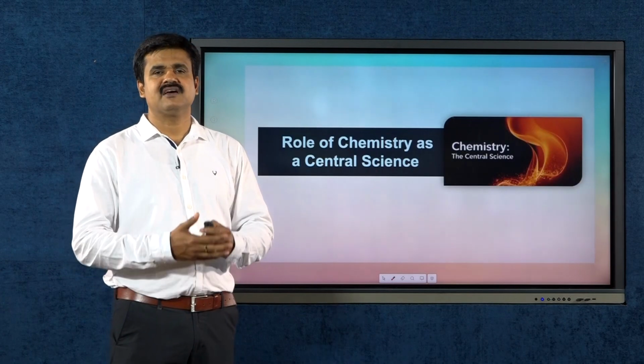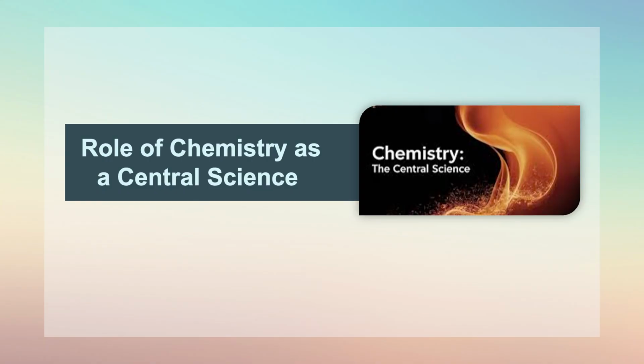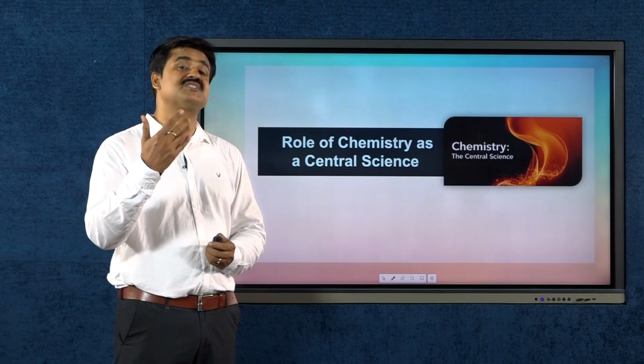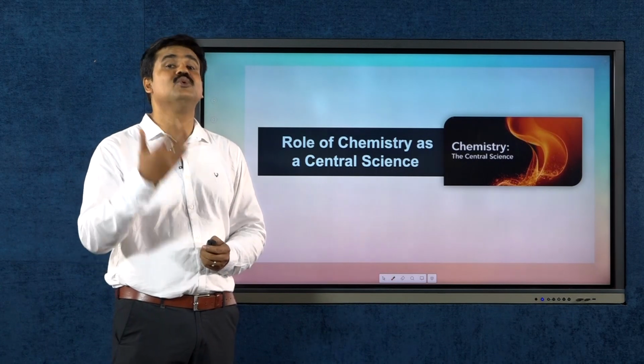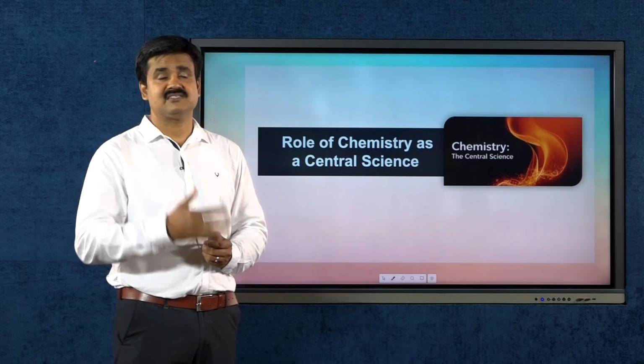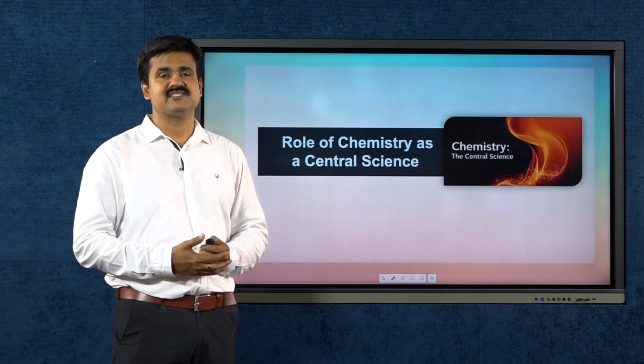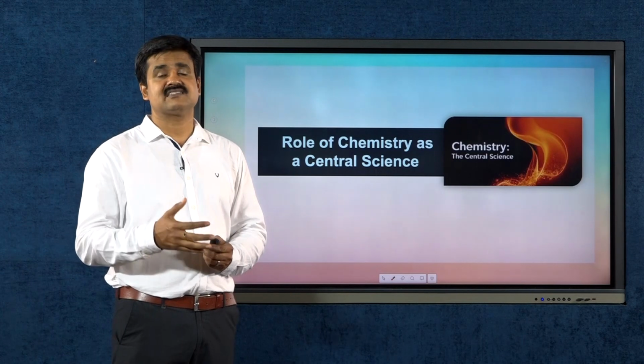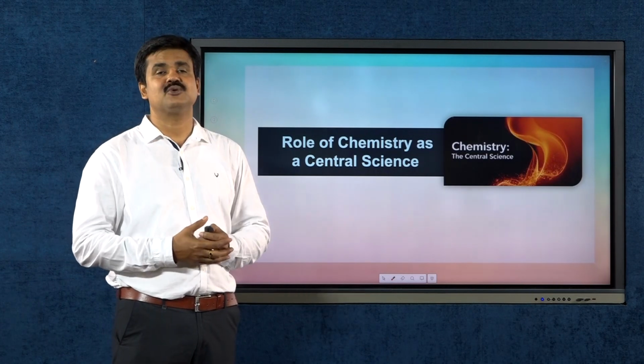Now, we are discussing the role of chemistry as a central science. We know the fact that chemistry is a most important branch which has roots in other different branches also, like physics, like biology, etc. In a similar way, all other branches of science are closely connected to chemistry.